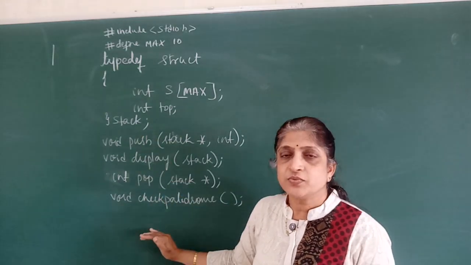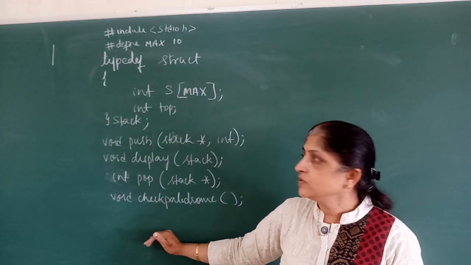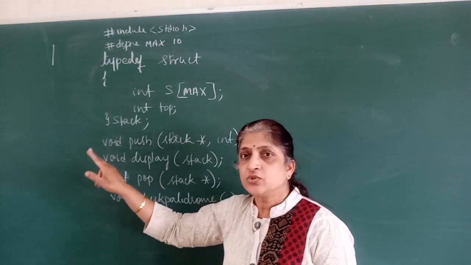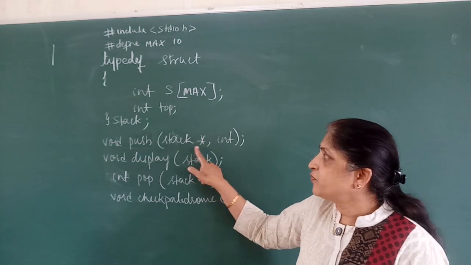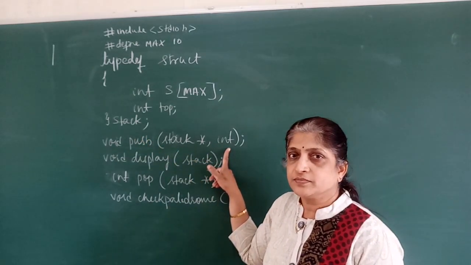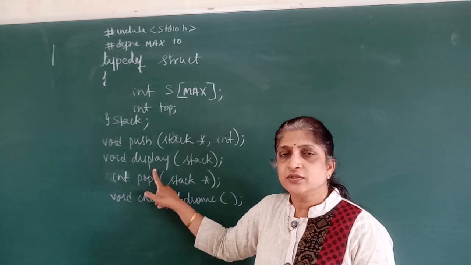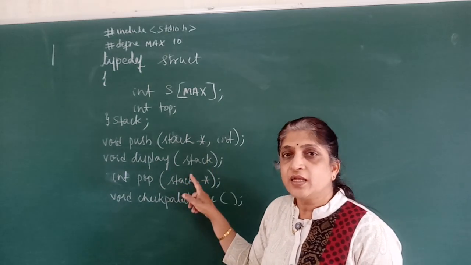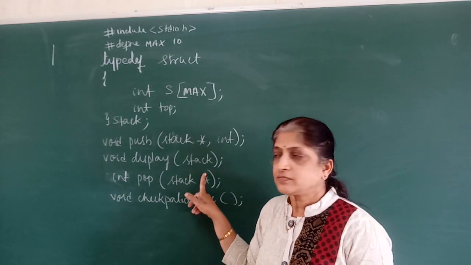Then these are the functions we have to define. I have a push function, returns nothing, takes two arguments. One is a pointer to stack type of data, and another is an integer. Then display is a function, returns nothing, it takes a variable of stack type.